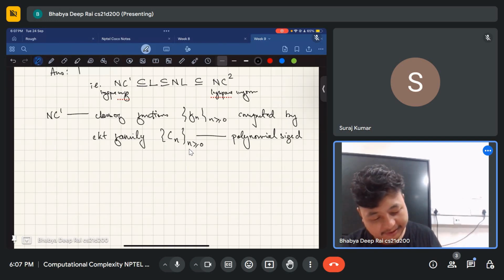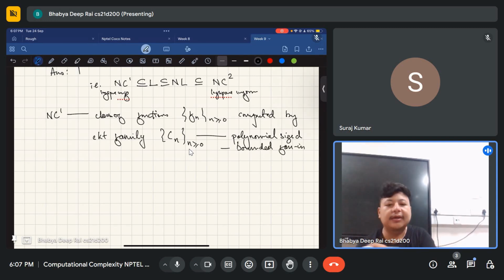Another property is that it is bounded fan-in. What does that mean? That means every gate in the circuit, maybe an OR gate or an AND gate, whatever, has the number of inputs to a gate bounded by a constant.